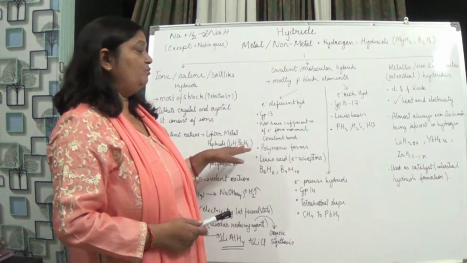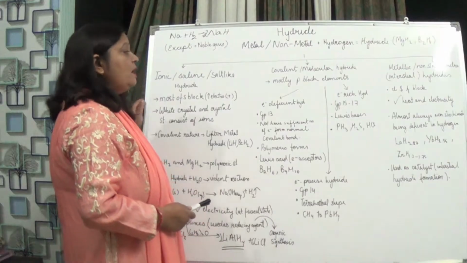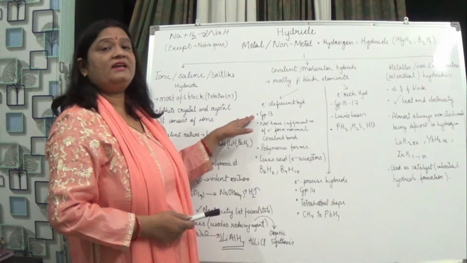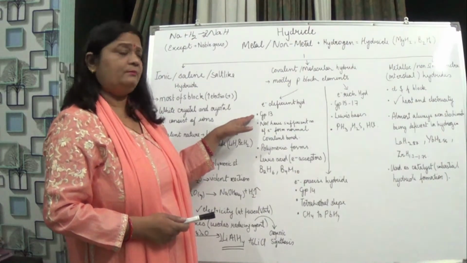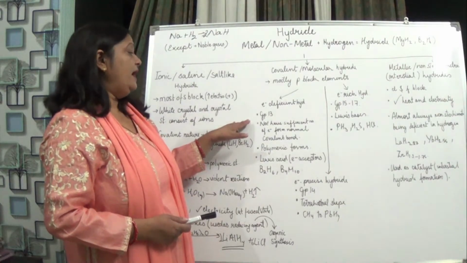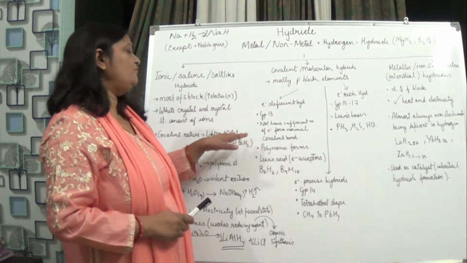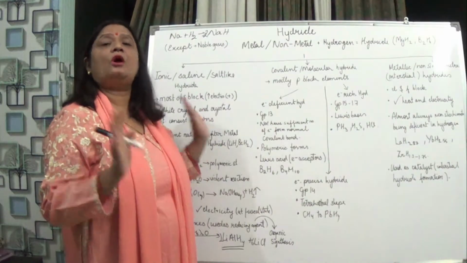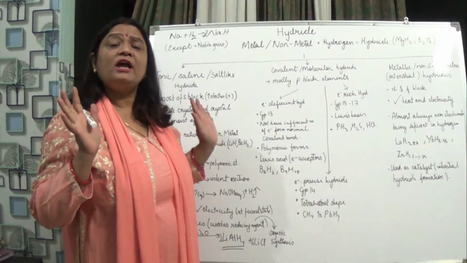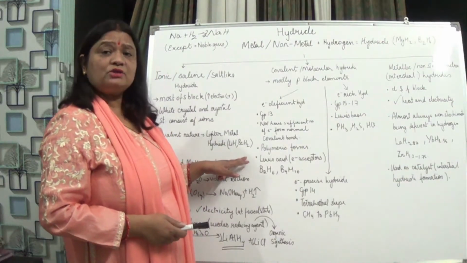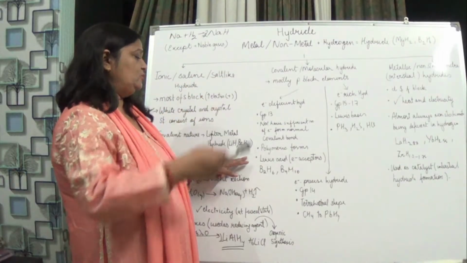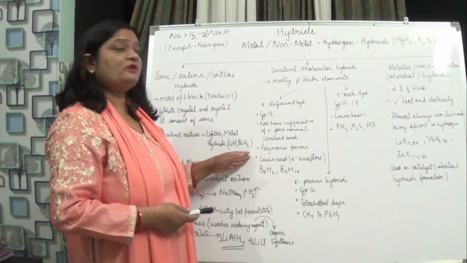So what does this mean actually? Let us understand. Here, electron deficient hydride: group 13 elements form this type of electron deficient hydrides. They don't have a sufficient number of electrons to form any normal covalent bond. There is a deficiency in the number of electrons. Also, they form polymeric forms, which means a number of them are joined together to form this type of compounds.